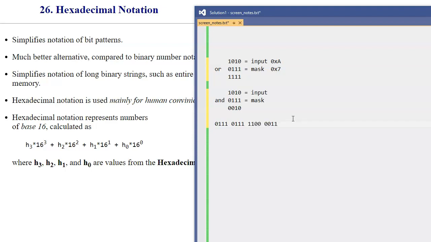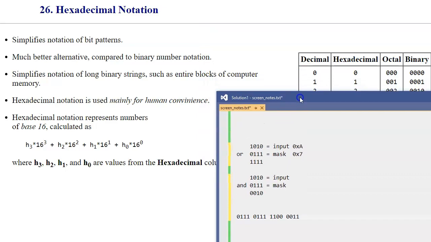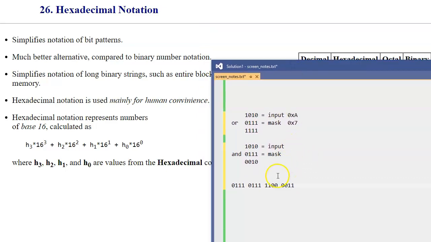For this bit pattern, I intentionally inserted spaces to make it a little more readable, because otherwise it would be even more difficult to interpret. Now I just look in this table and replace the actual values by the hexadecimal values.